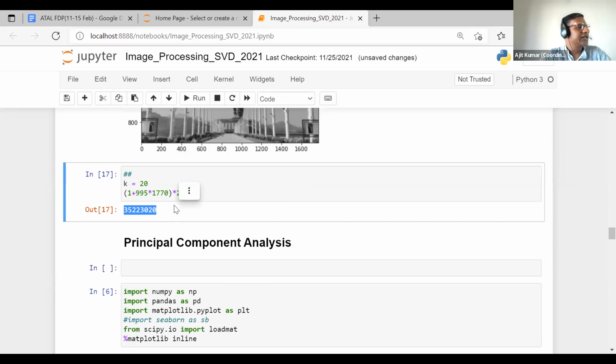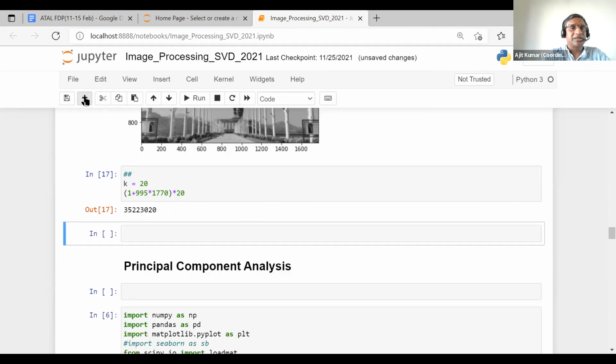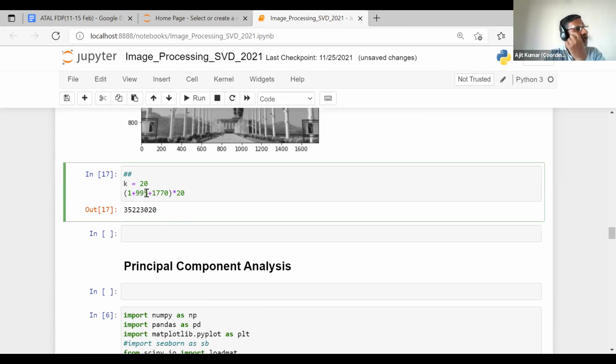This is the number of entries that we require in order to do this approximation. Whereas what was the size of the original image? Wait, why are we multiplying? This should be add, right? Sorry, I'm sorry. They have to add. So 995 components for U1, 1770 for V1, plus 1 for sigma 1, and 20 of such.